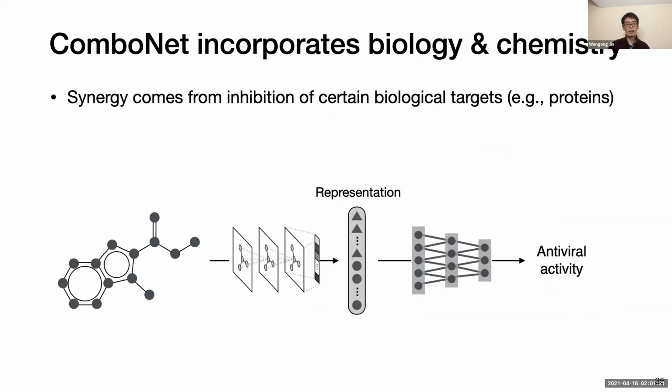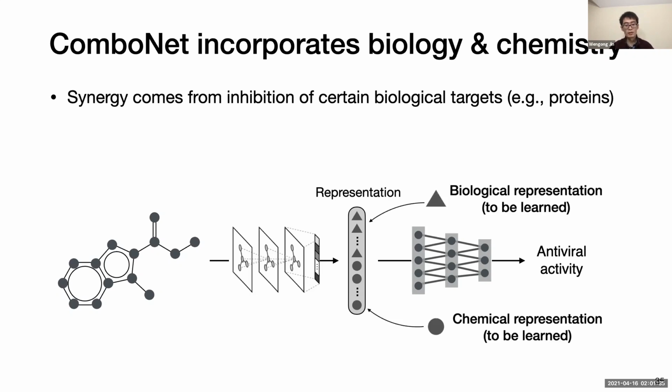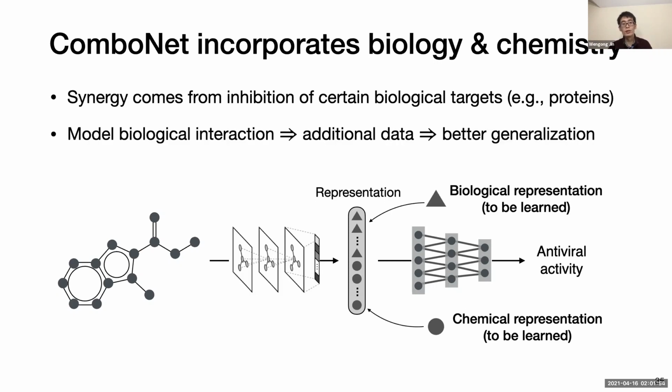That leads to our model called ComboNets, which tries to incorporate both biology and chemistry. The difference between a ComboNet and the standard graph neural network is in the molecular representation. Before, each molecule just had these learned fingerprints that purely encode the chemical structure of the molecule. But now I want to add some additional knowledge, like what kind of biological targets this molecule inhibits.